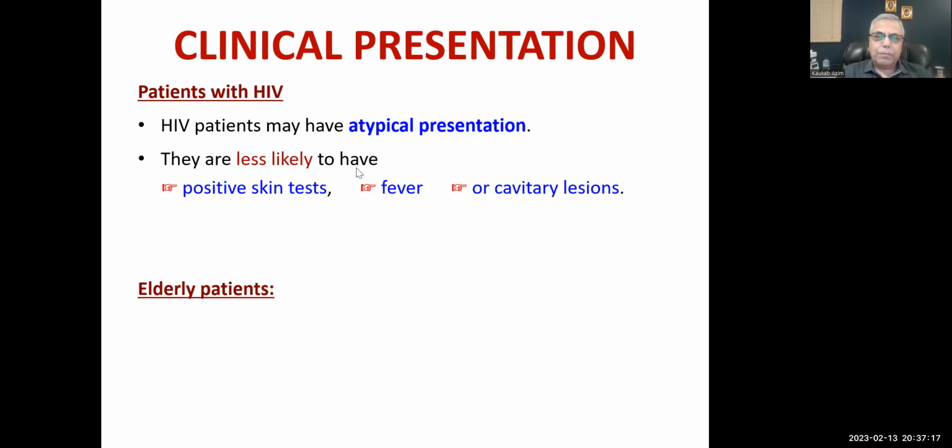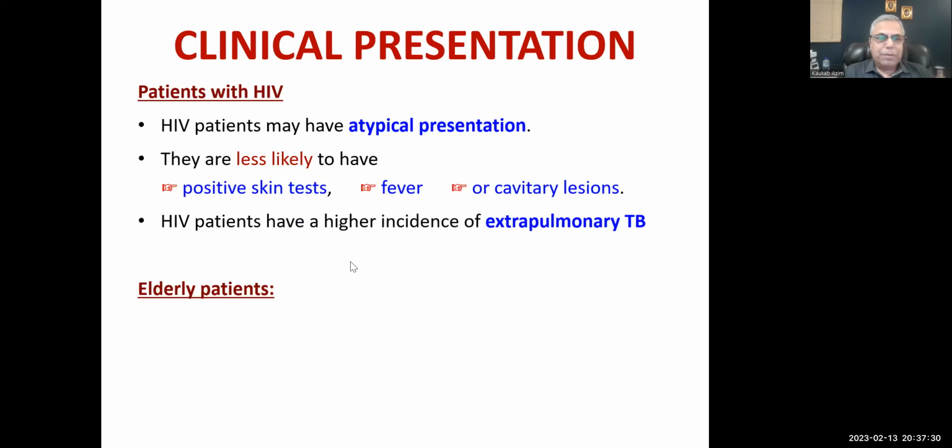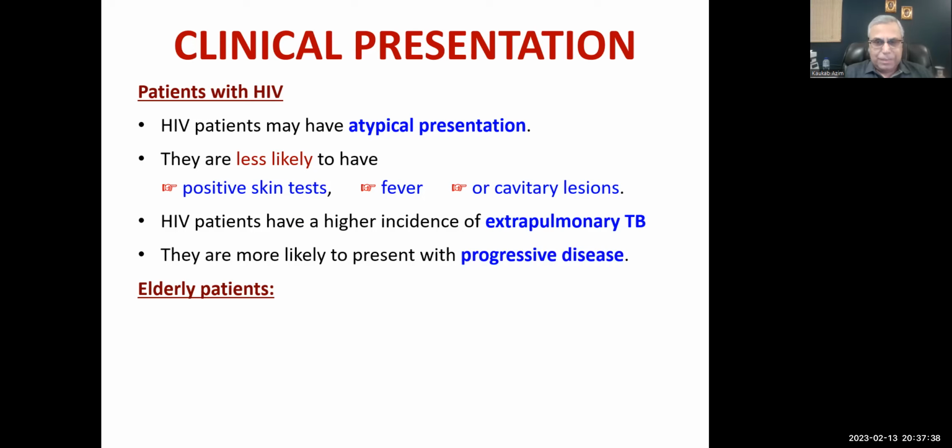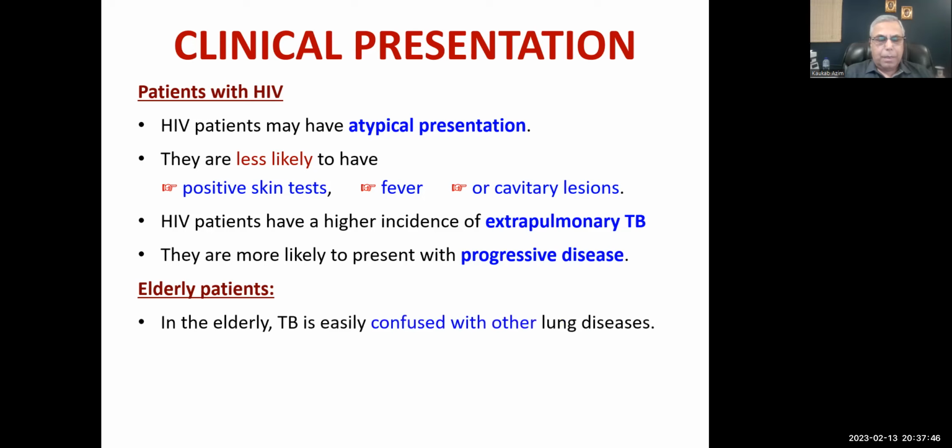So those who have no immunity will have less damage to their lungs. But on the other hand, they will not be able to contain the disease and the disease will spread in the body, okay? Right, HIV patients have a higher incidence of extrapulmonary tuberculosis, as I said. They are more likely to present with progressive disease because it is spreading. The immune system is not able to restrain it at a particular site. Right.